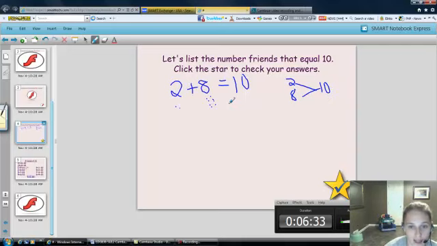They can also draw a picture like I did. 1, 2, 3, 4, 5, 6, 7, 8, 9, 10. So that's one of them. They can continue on to see if they can get all of the fact families of 10. When that is completed, they can continue to do enrichment and do a different set.